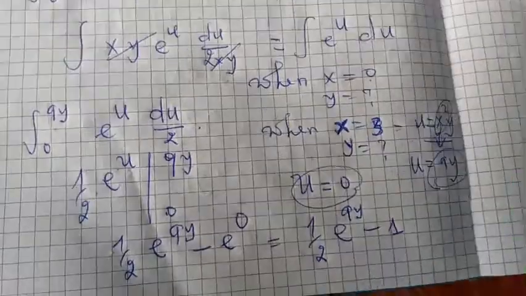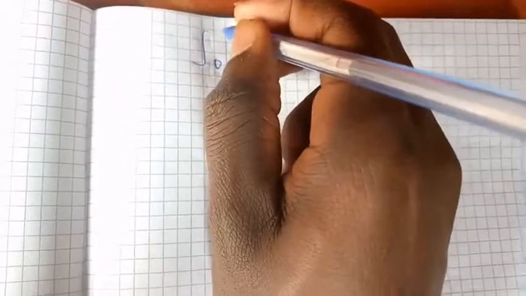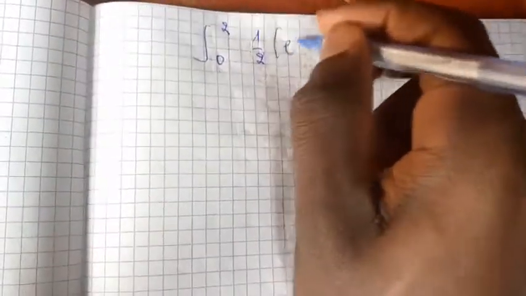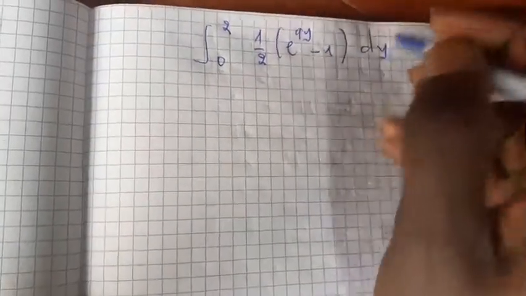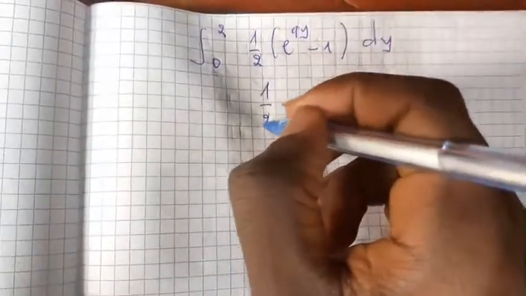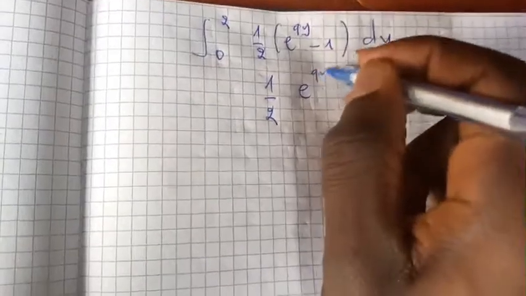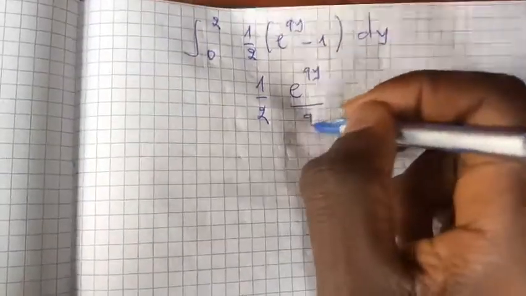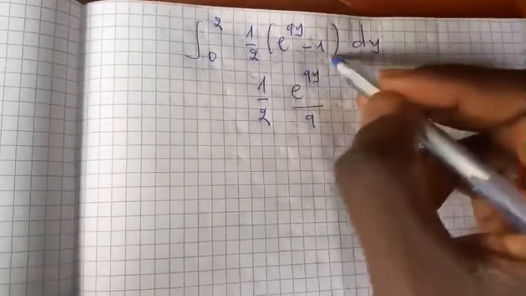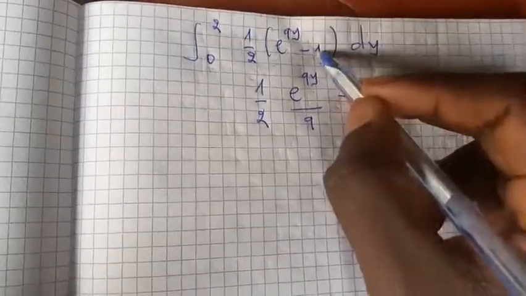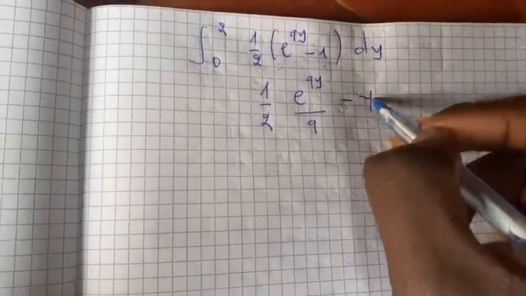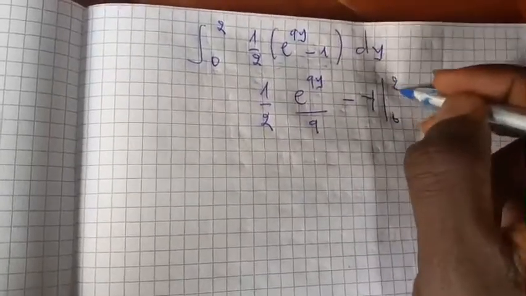Therefore the integral from 0 to 2 of 1 over 2 (e power 9y minus 1) with respect to dy. Then 1 over 2 (e power 9y over 9, this is the integration of this one, minus y, the integration of 1 with respect to dy is equal to y) with respect from 0 to 2.